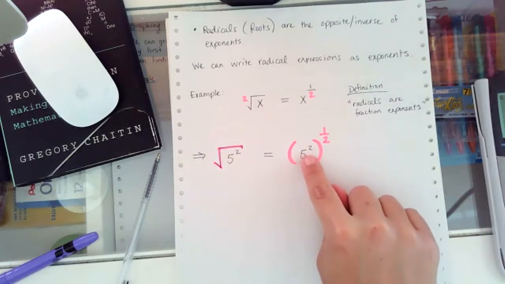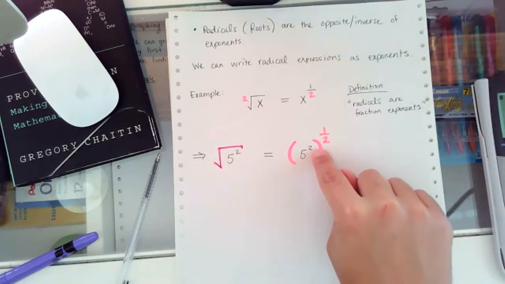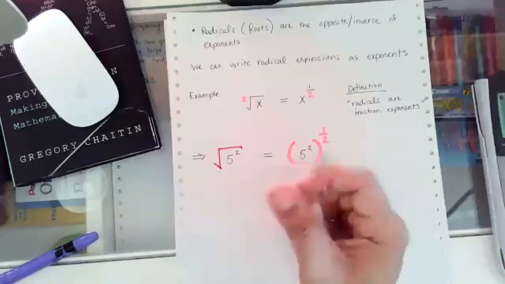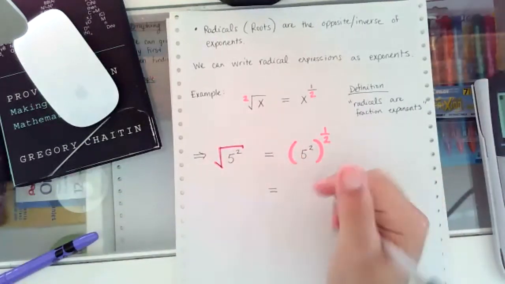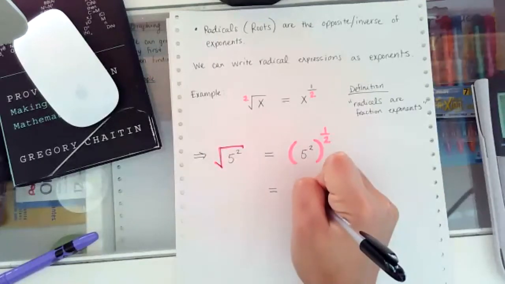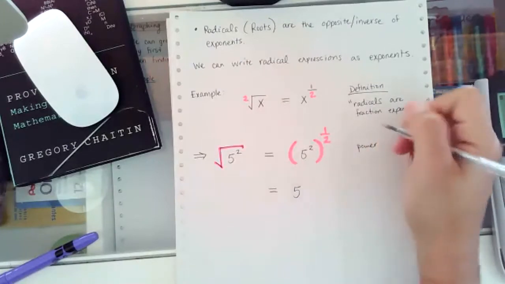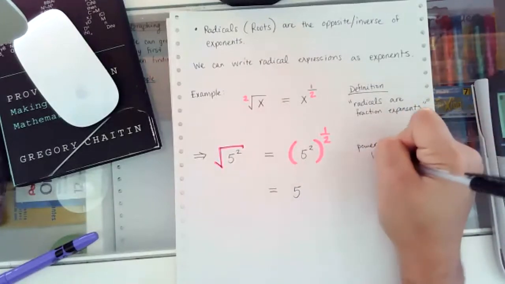And then can anybody tell me what happens when you have a number that's raised to a power and raised to another power? What do I do with these powers? You multiply the powers. Yeah. So this was, if you remember your exponent rules, the power to a power rule.